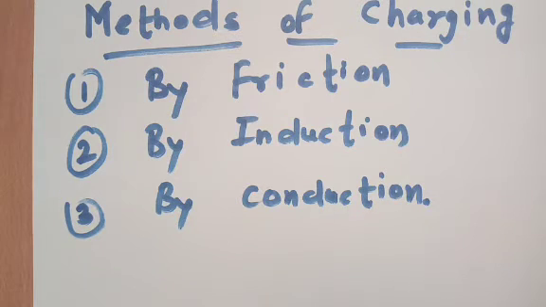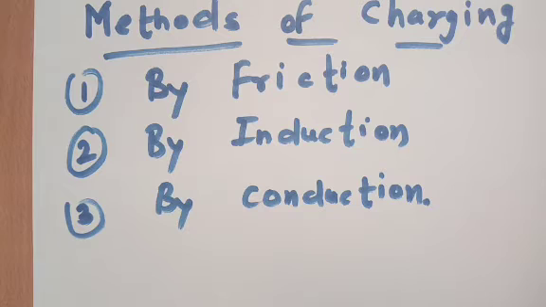For example, if you have a glass rod and a silk cloth and rub them against each other, the glass rod acquires positive charge while the silk cloth acquires negative charge. Instead of glass rod, if you have a plastic rod and rub it with cat's fur, the plastic rod acquires negative charge while the cat's fur acquires positive charge.